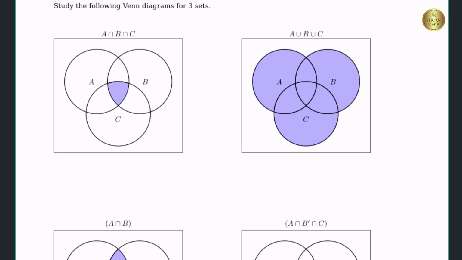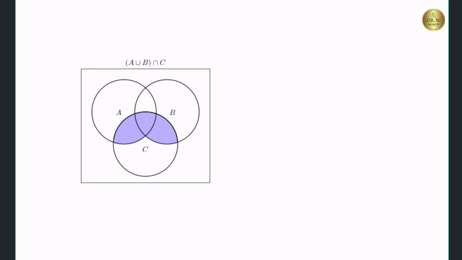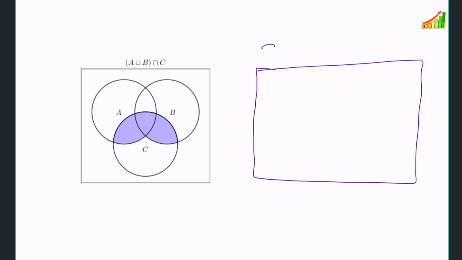Similarly, you can try this one, A union B union C. So how do we identify this? Again, we need S, the sample space.